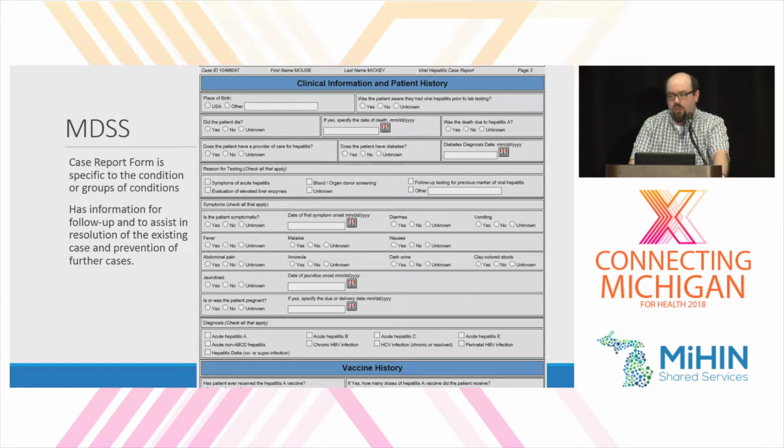We started out really with the state lab, and then we had a lot of the major national labs like your Quest, LabCorp, Mayo. Those guys were early adopters as well, because they had the infrastructure set up and they had a reason to report, because they're reporting all across the country.